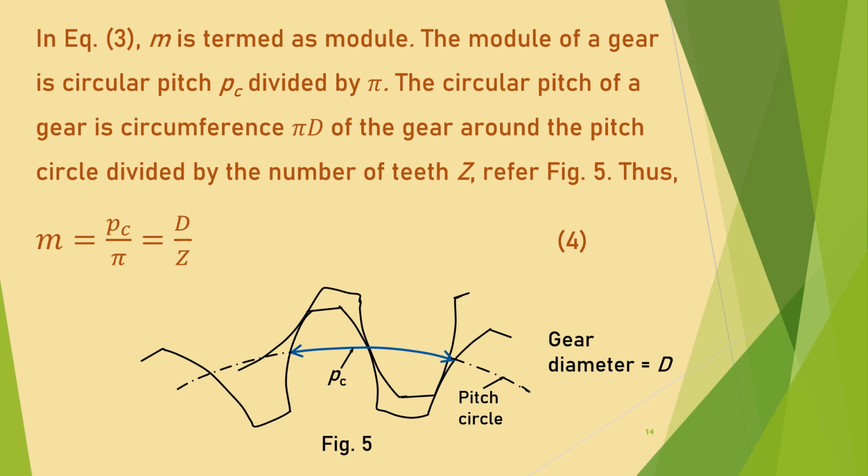In equation 3, m is termed as module, and as per the definition, the module of a gear is its circular pitch Pc divided by pi.